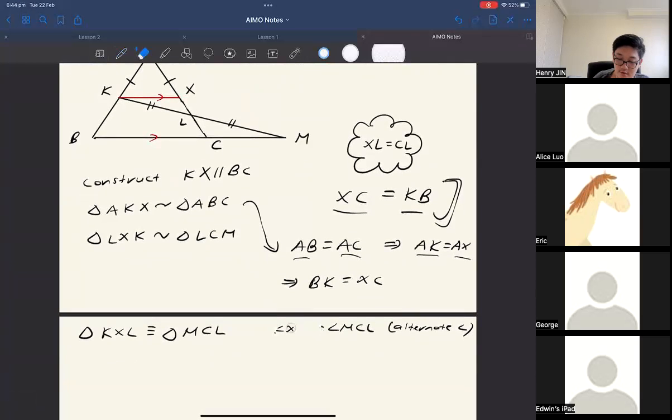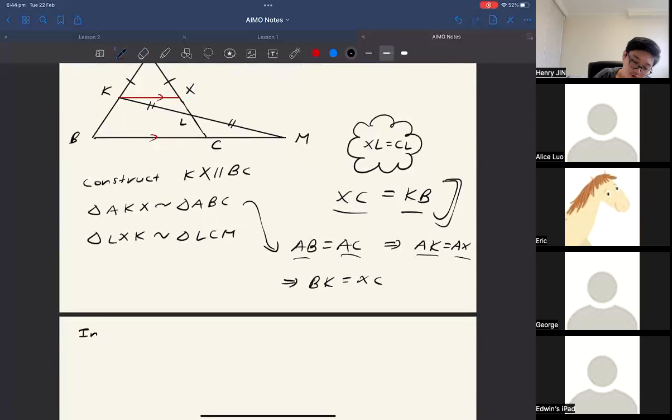So in triangle KXL and triangle MCL, these angles are the same because of alternate angles.